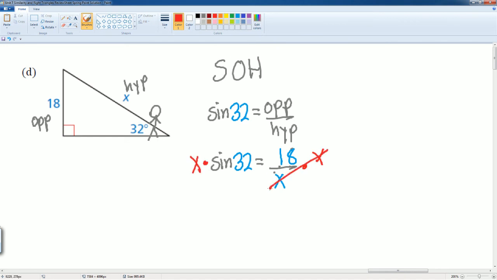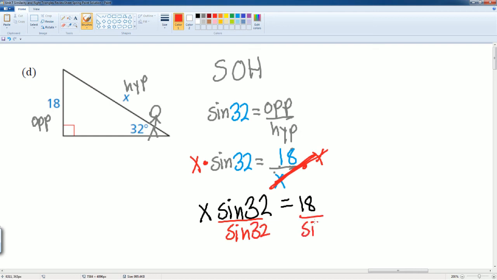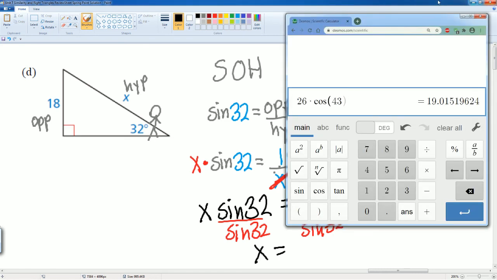This cancels. But now I have an x times sine 32. X sine 32 is going to be equal to 18. Now I'm going to divide by the sine 32 to both sides, leaving you with x is equal to 18 divided by sine 32.